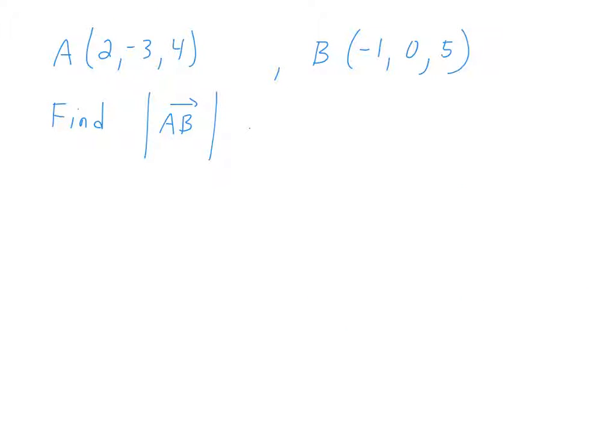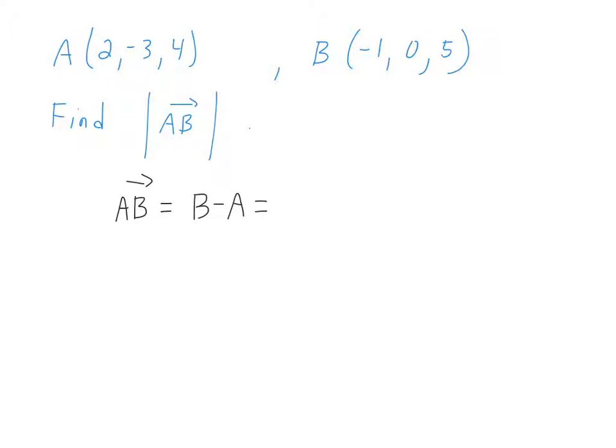Okay, last example here, we're given a couple of ordered triples. So again, notice how it's not a vector. It's written as a point, as an ordered triple. What we're looking to find here is the magnitude of vector AB. Now, we don't know what vector AB is yet, so we need to go ahead and find that. This is where we said we're going to do the terminal point minus the initial point.